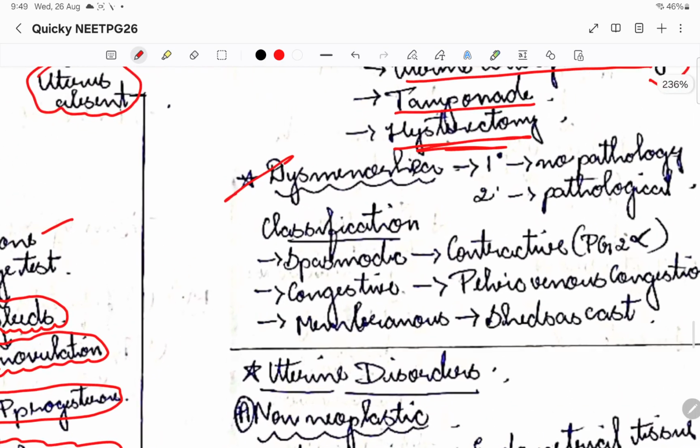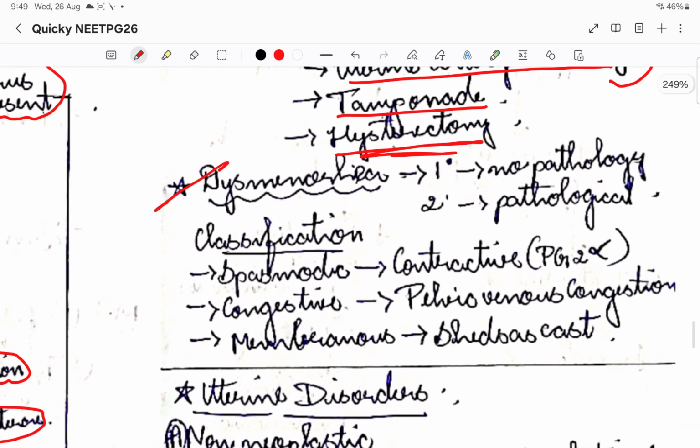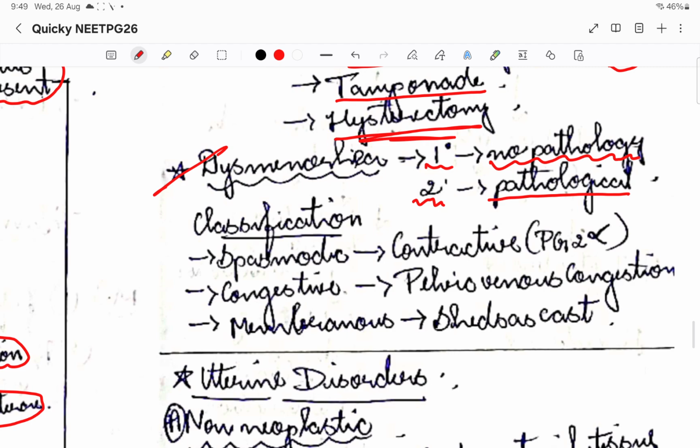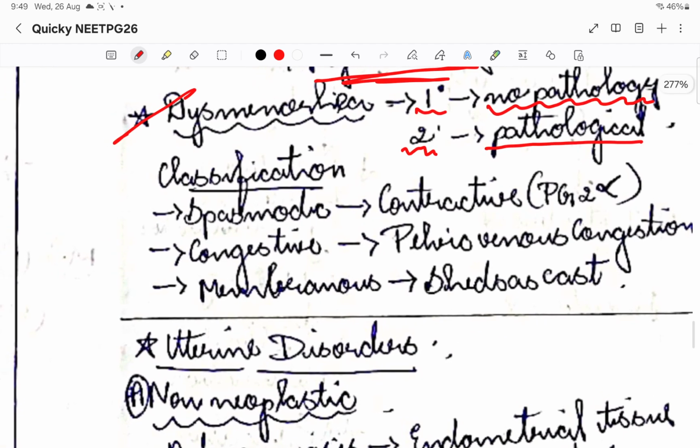Now coming to dysmenorrhea, this is basically painful menses, right? Primary will be where there is no underlying pathology, it will be psychological, whereas secondary will be pathological, with an underlying pathology causing the pain. The classification can be done as spasmodic, congestive and membranous type.